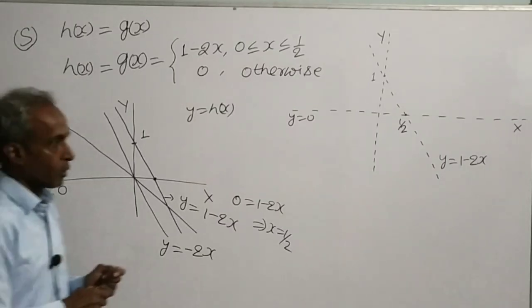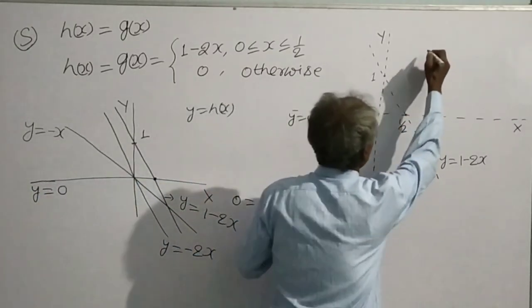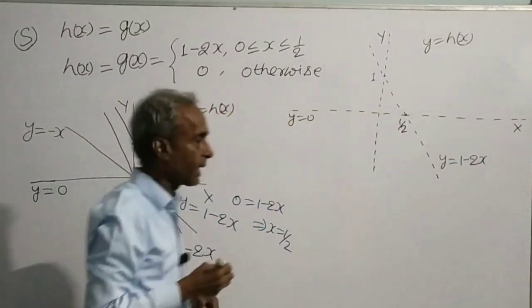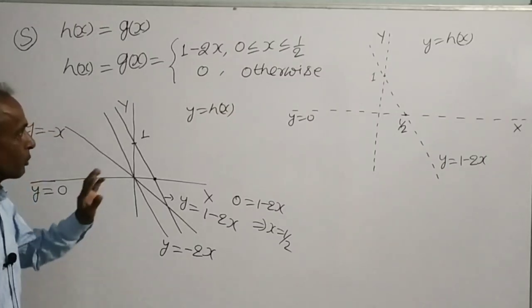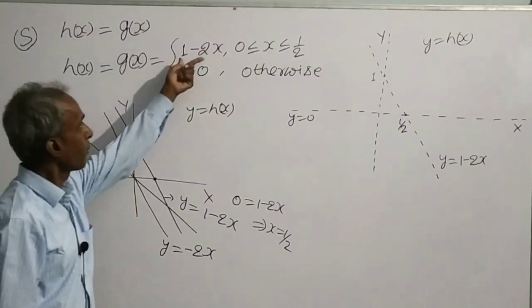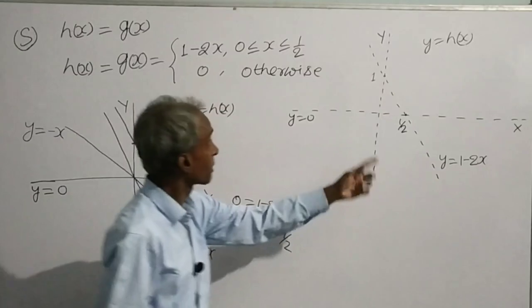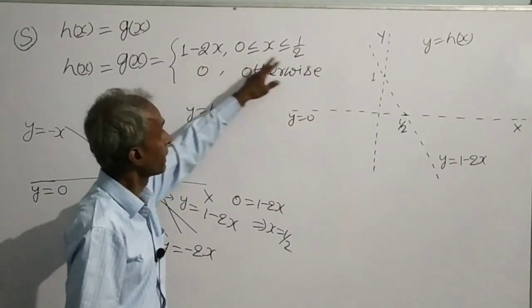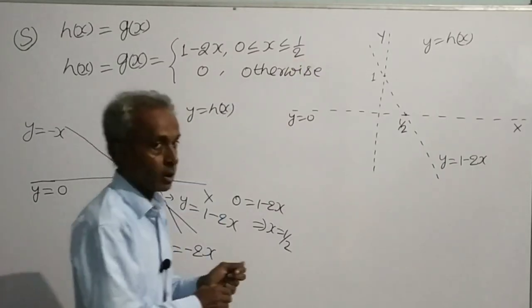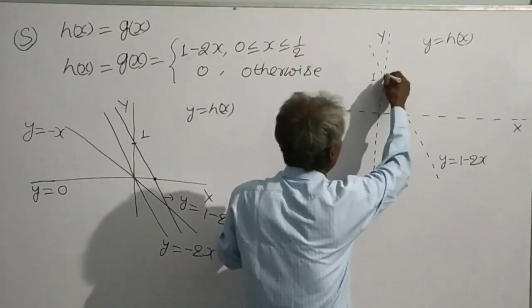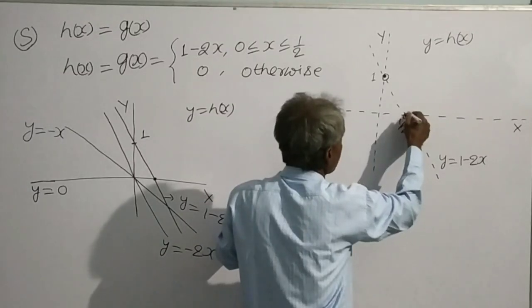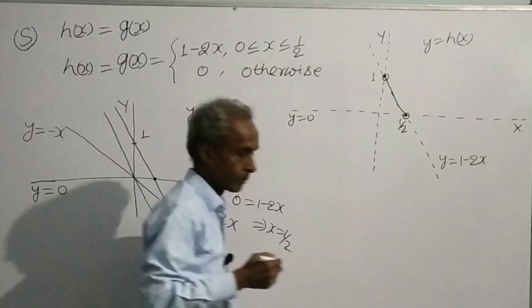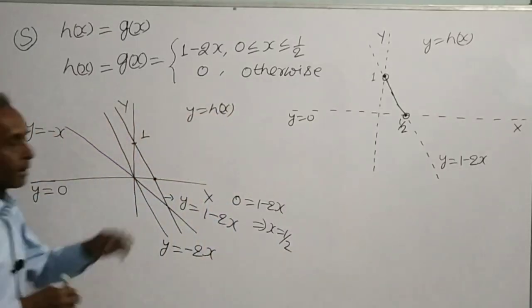Now, to draw the graph of y is equal to h(x), we will take the part of y is equal to 1 minus 2x from x coordinate 0 to 1/2.